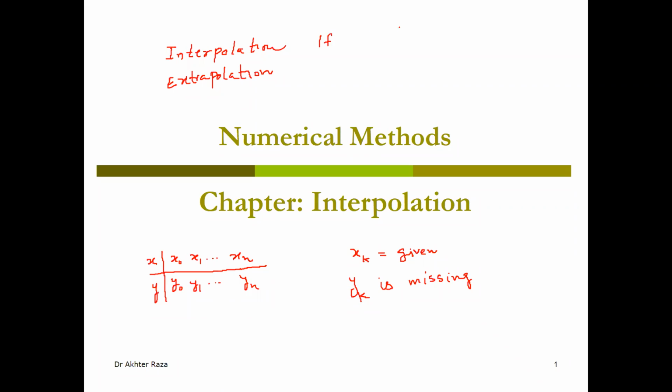If xk lies in between x naught and xn, then this is the problem of interpolation.